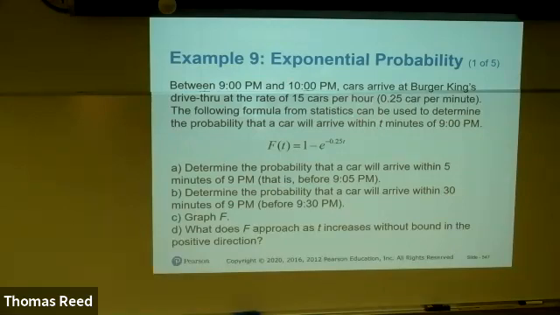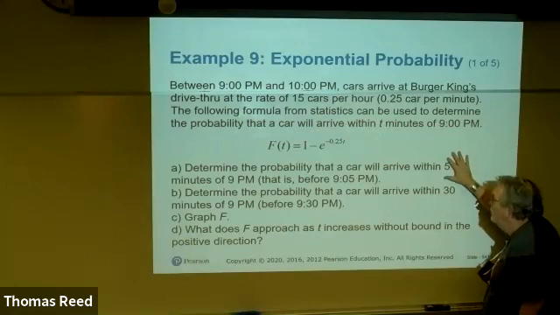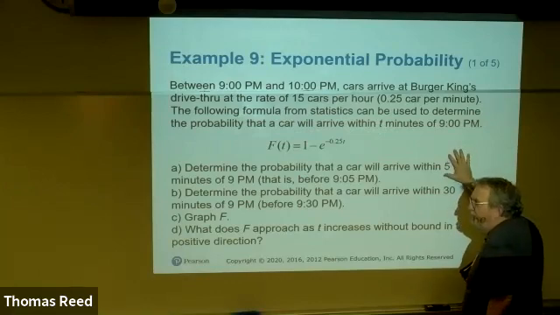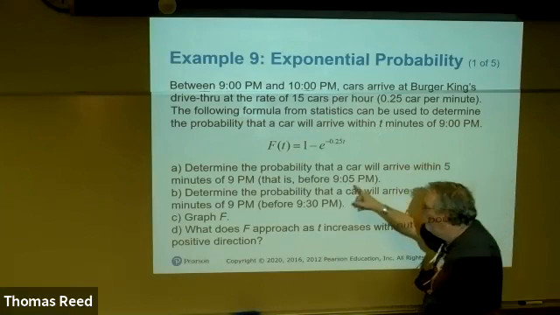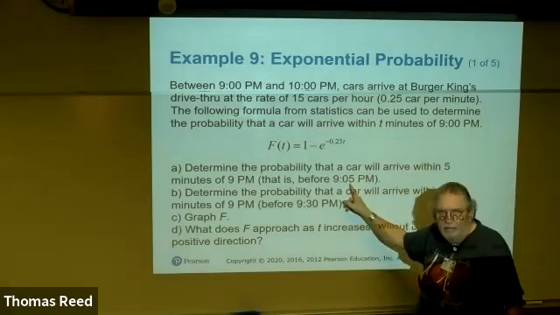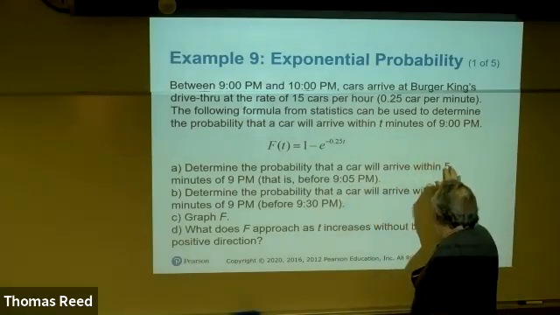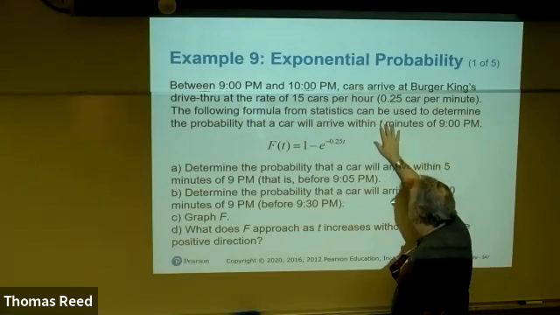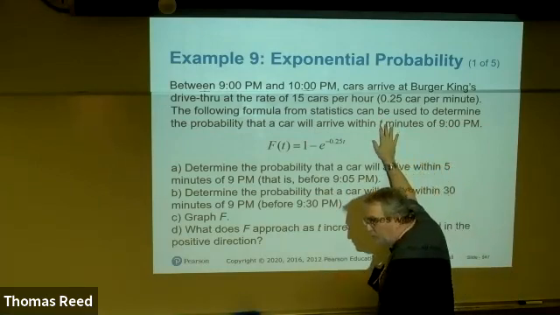The following formula from statistics can be used to determine the probability that a car will arrive within T number of minutes of 9 p.m. So letter A, if T is 5, so within 5 minutes of 9 p.m., that means before 9:05. So this is the number of minutes, T, after 9.